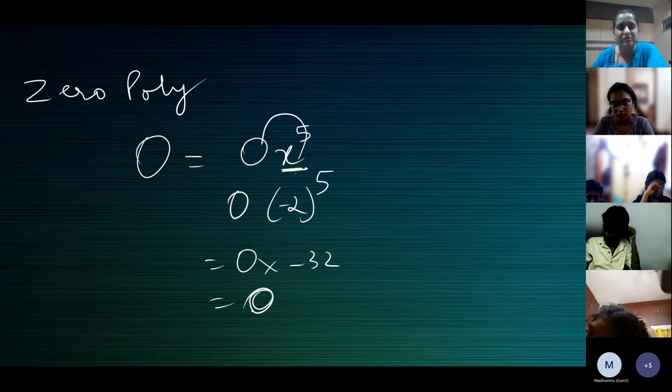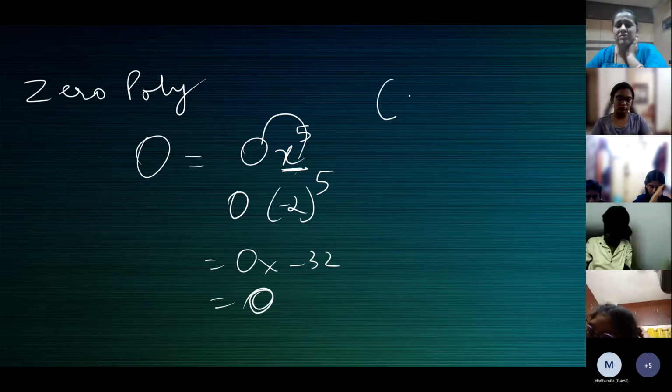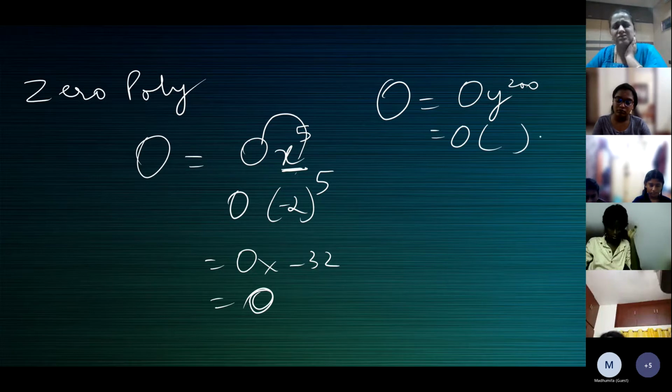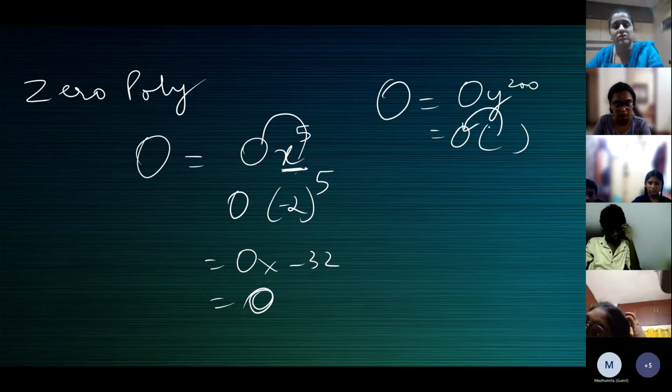Now 0 can be treated as 0 y to the power, say 200. Whatever value you give for y, negative, positive, fraction, irrational, and you find y to the power 200, finally, into 0 is 0.